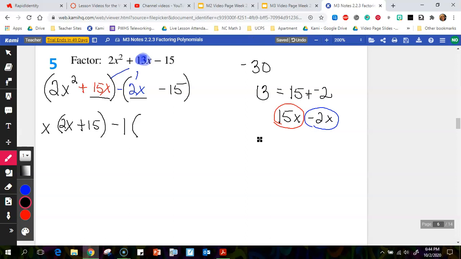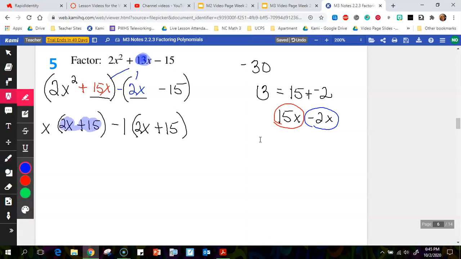Negative 2x divided by negative 1 is 2x, and negative 15 divided by negative 1 is 15. So I just actually left it the way it was. So now this matches this. So that's my first factor.